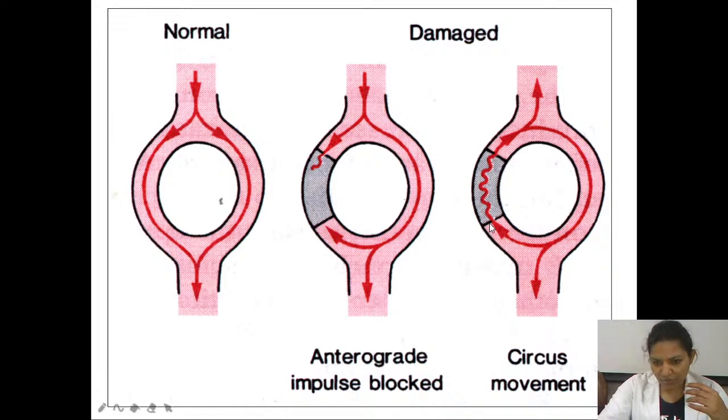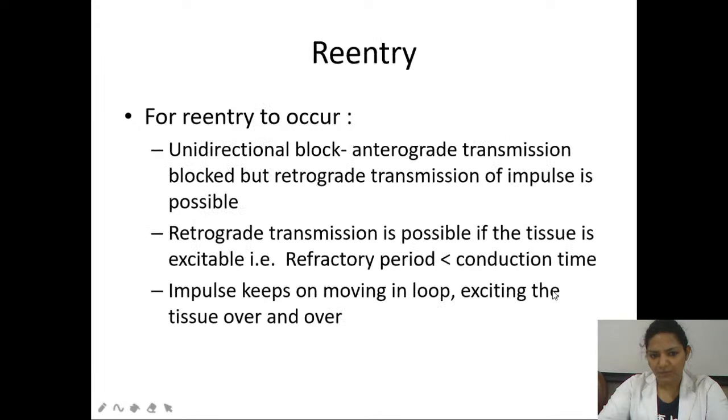Retrograde transmission is possible because the refractory period of this part of the tissue is less than the conduction time. By the time the stimulus reaches here, this tissue has crossed its refractory period and is not refractory anymore. As a result, a circus movement, or re-entry, is formed, right?